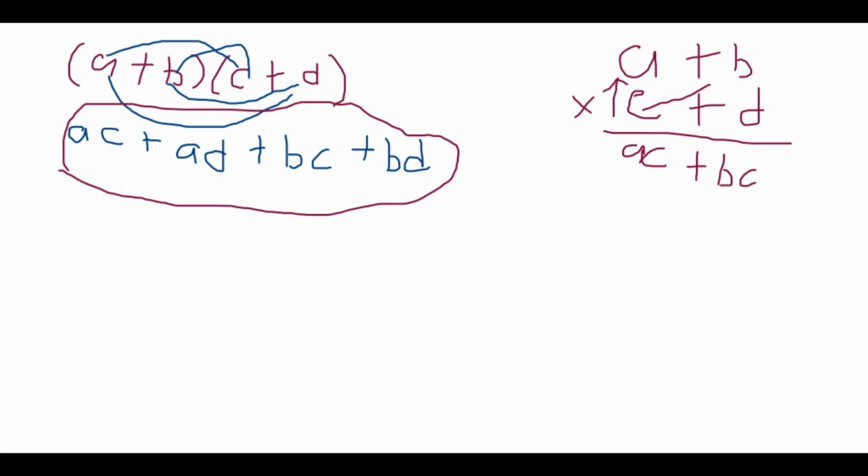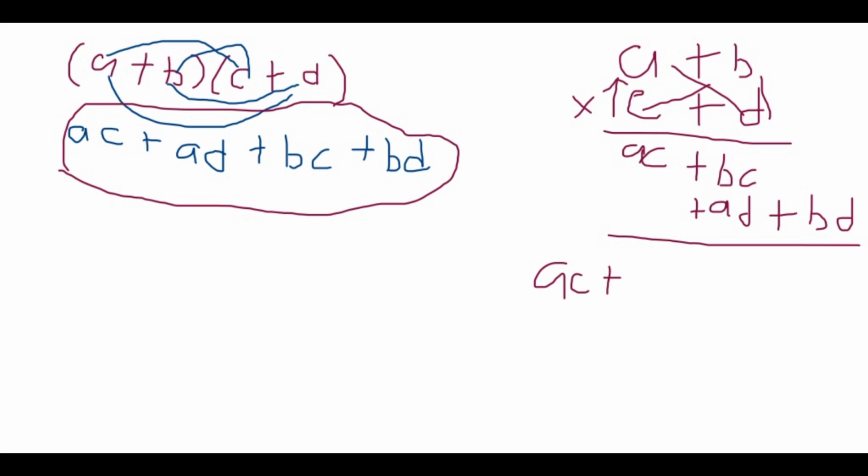Now we'll go to the next line. d times a is ad, and d times b is bd. So if we bring all this down, notice that there are no like terms here. So we'll just have ac plus bc plus ad plus bd.